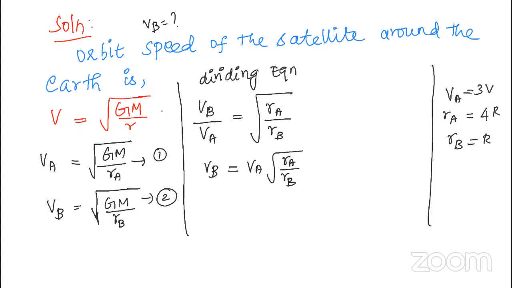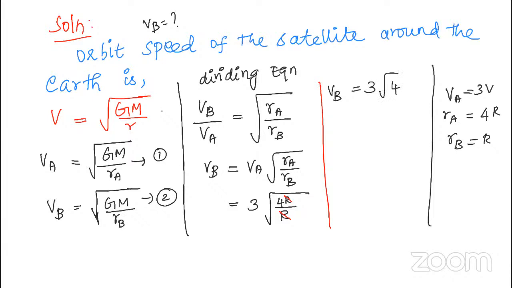Okay, so let us now substitute all these values. For VA, it is 3 square root of, and for RA, it is 4R divided by RB, it is R. So here R cancelled. Then VB is equal to 3 into square root of 4.